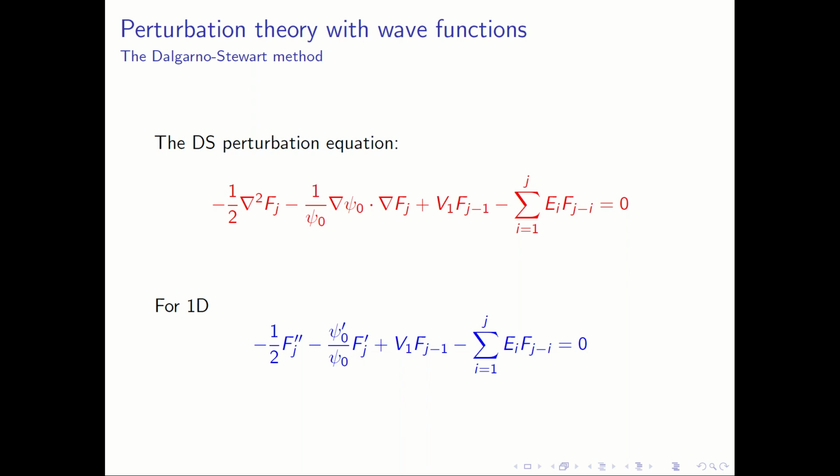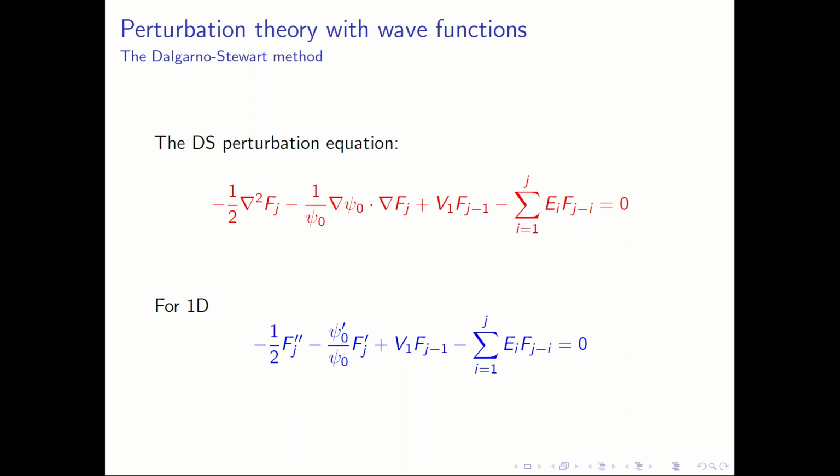In this case, the functions f_j are really multiplying factors over and above psi 0. So the job of the boundary condition, the wave function vanishing at infinity and all that, is taken care of by psi 0 itself. So we have to focus essentially on f_j and not worry too much about the boundary conditions.